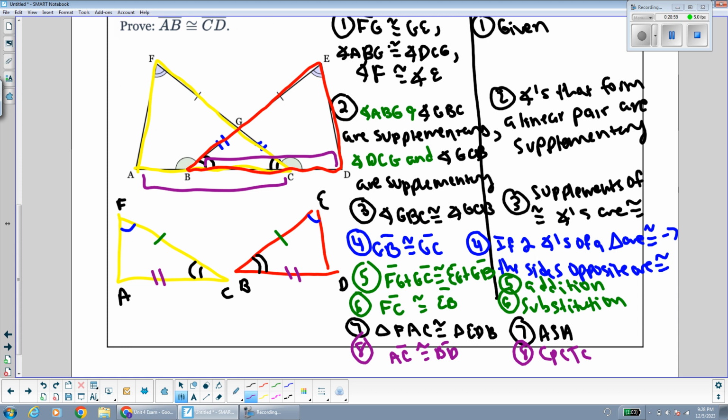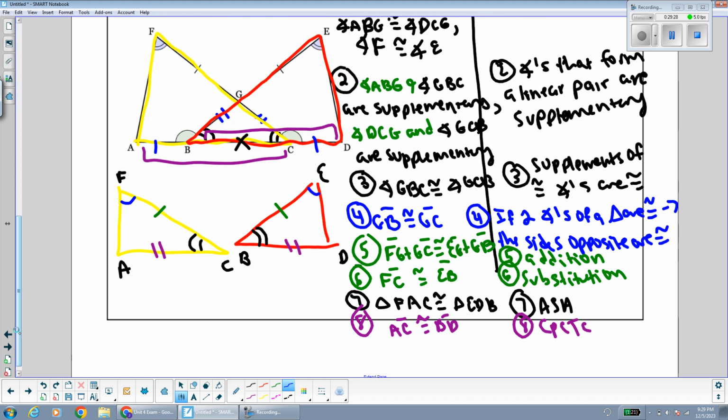So now we have that the whole sides are congruent. And if we want to get the pieces, we can subtract. AC, take away BC, leaves us over with AB. DB, take away CB, leaves us over with just CD.